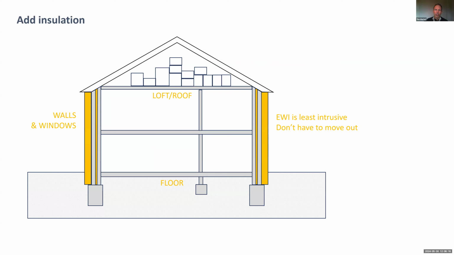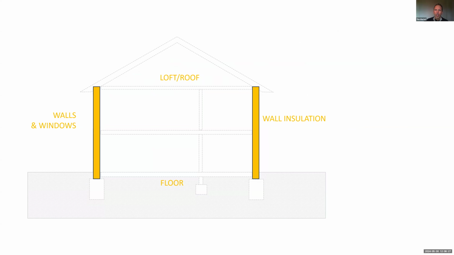It doesn't require you to move out of the house or out of the rooms. It may be some inconvenience when the windows are done, if they're done as well. But essentially what we're talking about is wall insulation there, and that means there's still a fair bit of heat loss through the loft and the floor. And that's not a whole house approach.